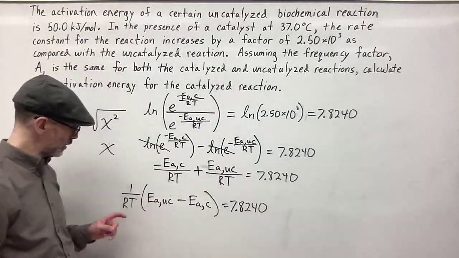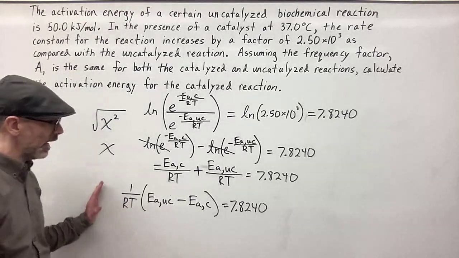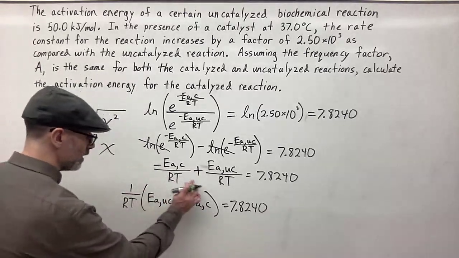Now what we can do is, since we are dividing by RT, we can multiply this side by RT and then multiply this side by RT. That would give us this on this side.